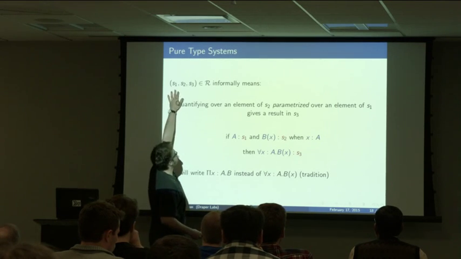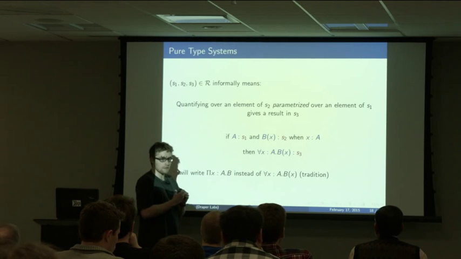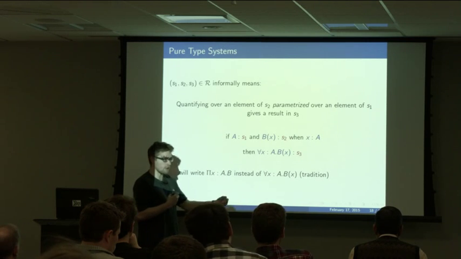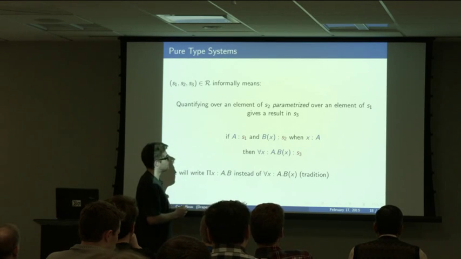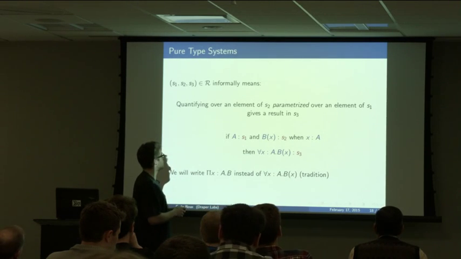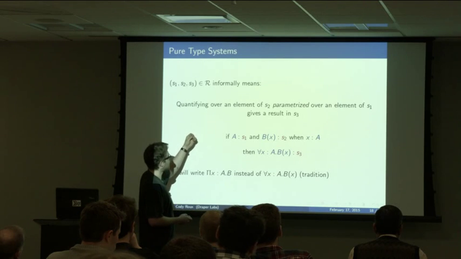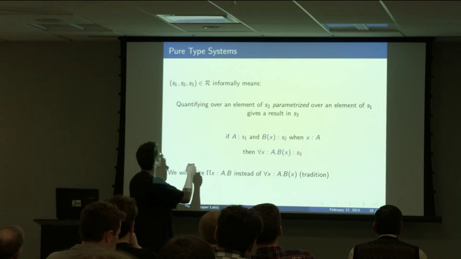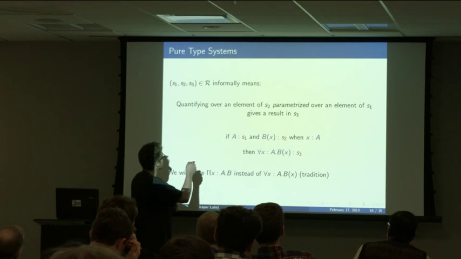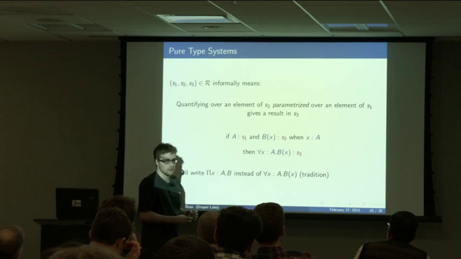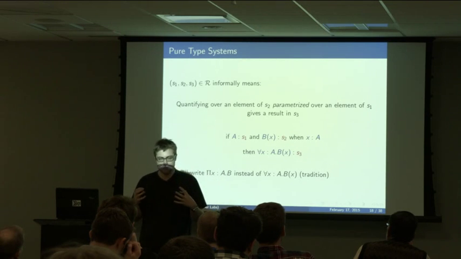Basically, it governs which types of function spaces I'm allowed to build. And the intuitive idea that I tried to put into an English sentence is if you quantify over an element of S2, which is parametrized over an element of S1, then the quantification lives in S3.